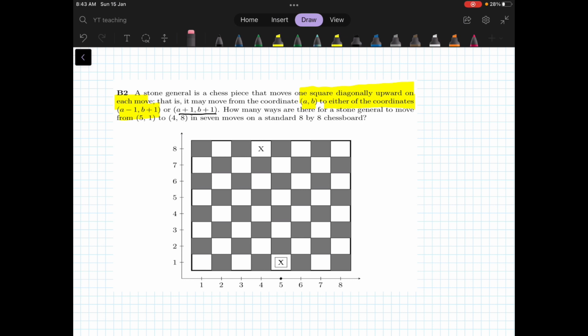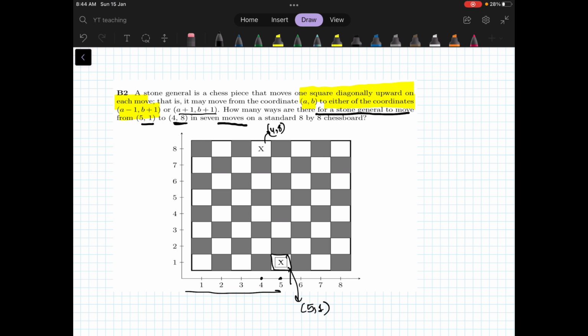Okay, so now they are saying how many ways are there for a stone general to move from this position 5 comma 1. See, x is 5, y is 1. So this box here is 5 comma 1, to the position 4 comma 8. 4 comma 8 is this, 4 here and 8 here. So this is 4 comma 8 in 7 moves, right?